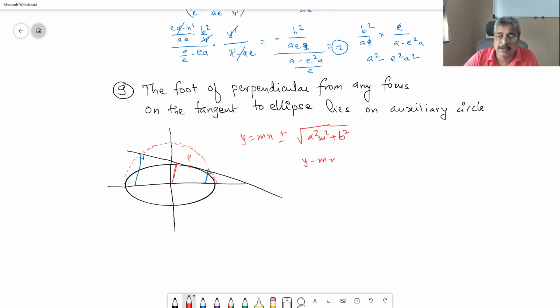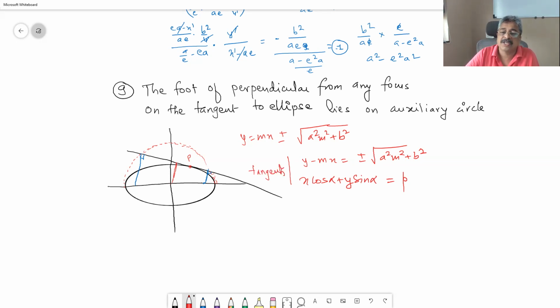Y minus mx is equal to plus minus under root a square m square plus b square. We will say that this is x cos alpha plus y sin alpha is equal to small p. These are two same equations of tangents.